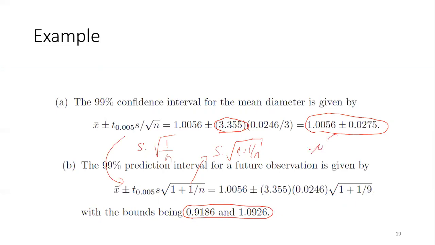This is for mu, the unknown parameter mu, which is the average diameter, and it's between 1.0056 plus minus 0.0275. And this is the prediction interval.